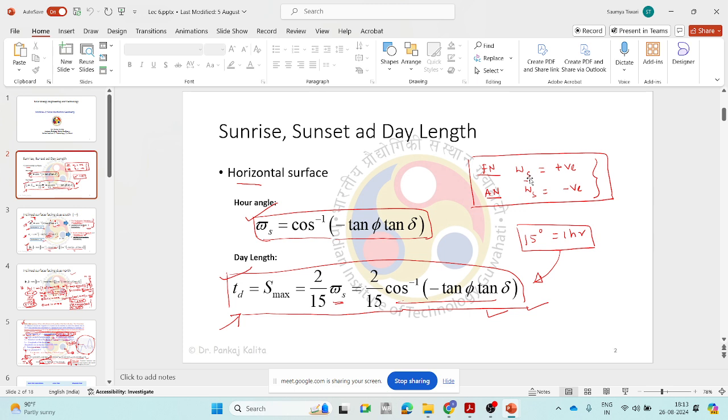You cannot calculate it from 6 o'clock in the morning to 6 o'clock in the evening. For that, you need to integrate this whole omega s corresponding to the day length, so that derivation has been simplified, and this hour angle has been got. Okay, are you getting my point? Yes, ma'am.